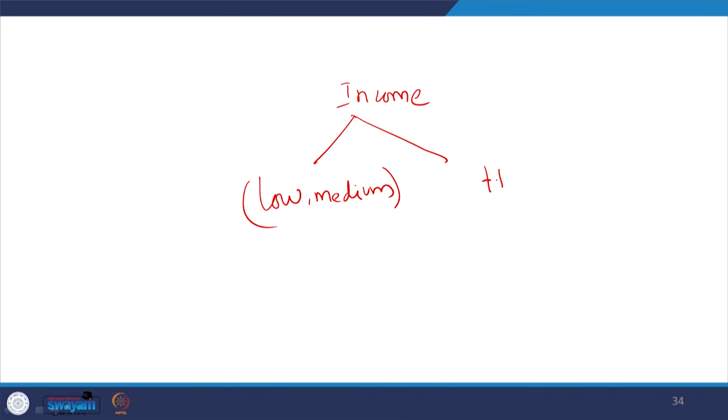Now, how to have the classifications? For example, we have income as the splitting variable. There was a binary split. The first one was low and medium as one group, and high as another group.